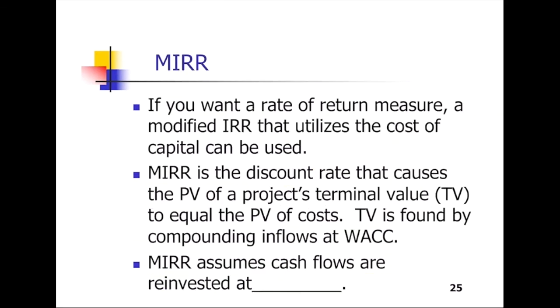So MIRR is a discount rate that causes the present value of project terminal value to equal the present value of costs. So terminal value is found by compounding inflows at WACC. That is the point. So MIRR assumes cash flows are reinvested at the WACC.